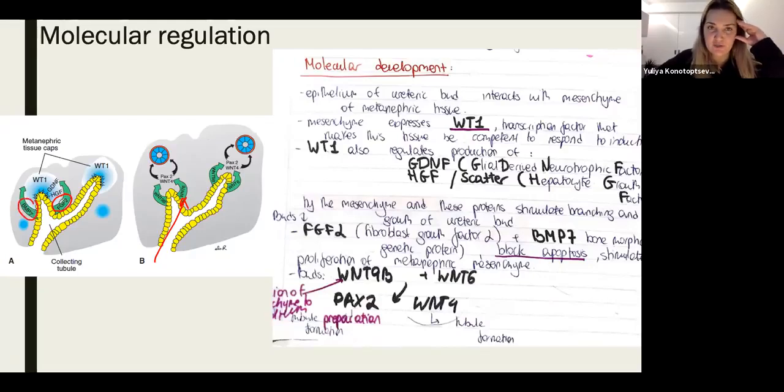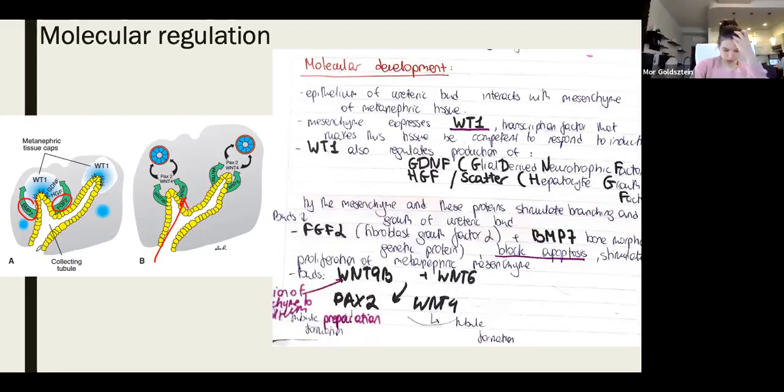These two growth factors are anti-apoptotic. They inhibit metanephric tissue from dying. So the reason why metanephric tissue becomes the excretory portion of the kidney is thanks to this BMP7 and FGF2. But who makes this BMP7 and FGF2?